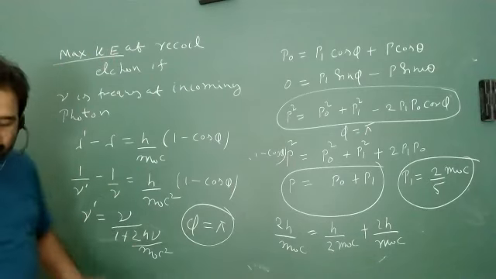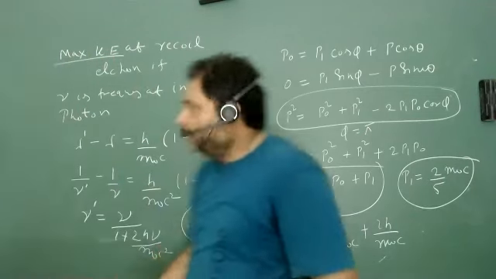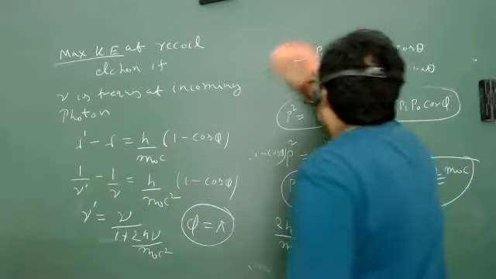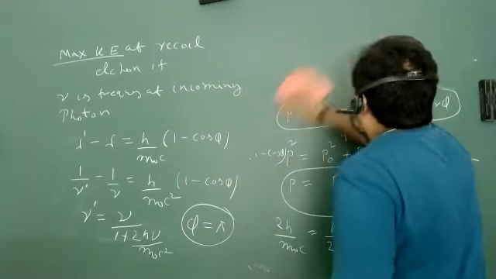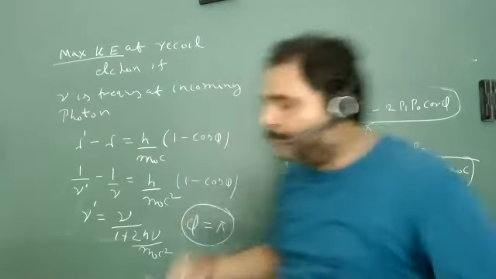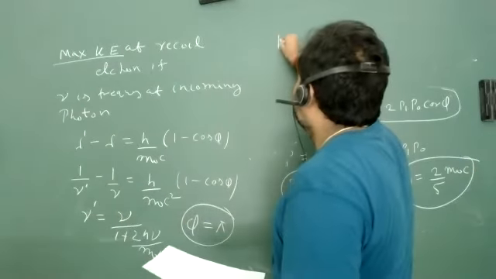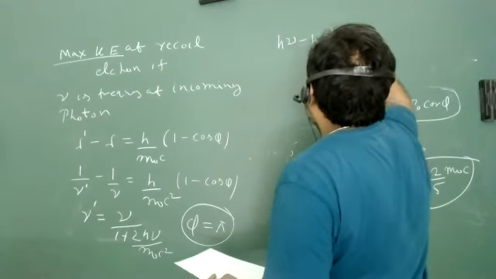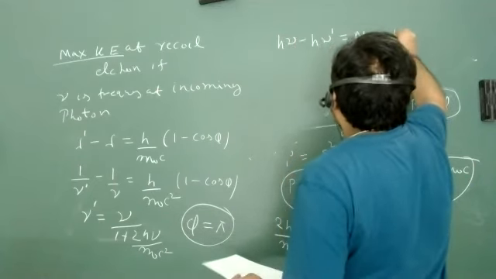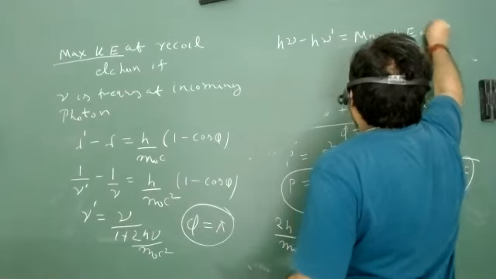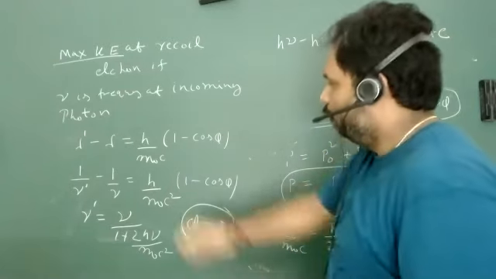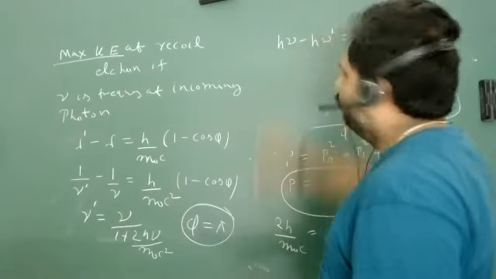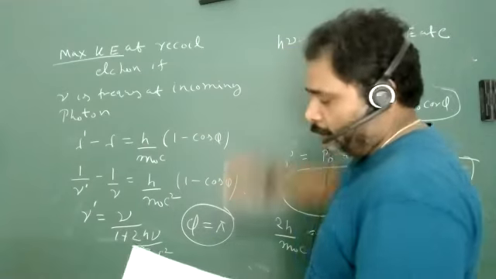So once you get this particular value, you can easily find the maximum kinetic energy. So maximum kinetic energy of electron is h nu minus h nu dash. You can put the value of nu dash here in terms of nu, and you can get the value.